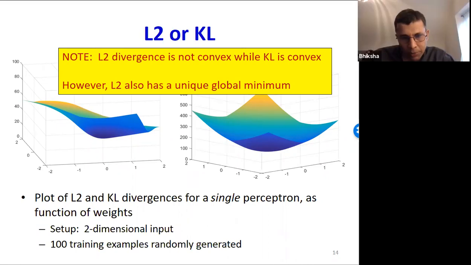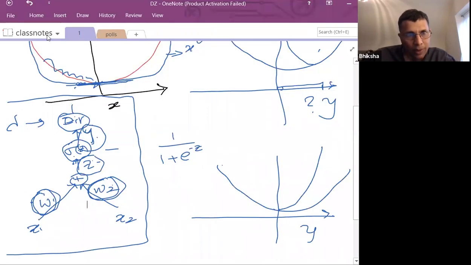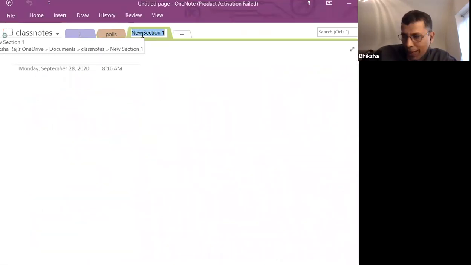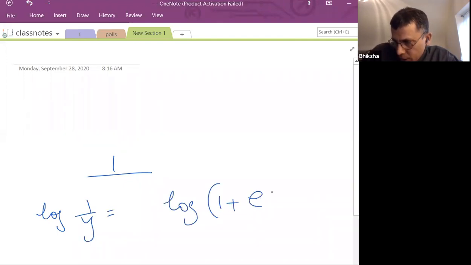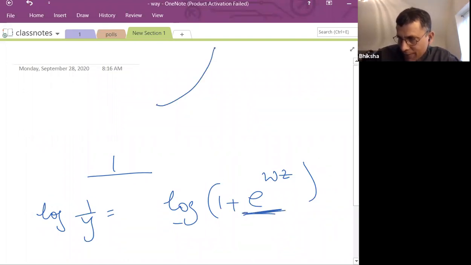So you can work this out. The KL is going to be log of 1 over y, which is going to be log of 1 plus e raised to whatever, wz. So if the exponent is a convex function, you have the plus 1. The log doesn't quite compress it fully because of the plus 1.